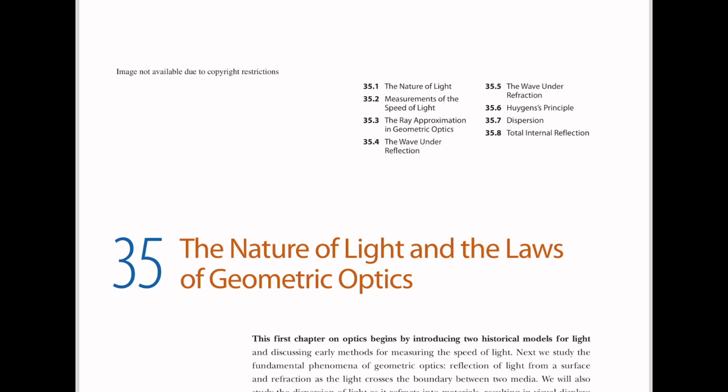It ended off with some stuff about fiber optics and the rainbow. So you can get a very nice overview of everything, and then you can dive deep into what problems you have to work on to do well on homework and stuff like that.